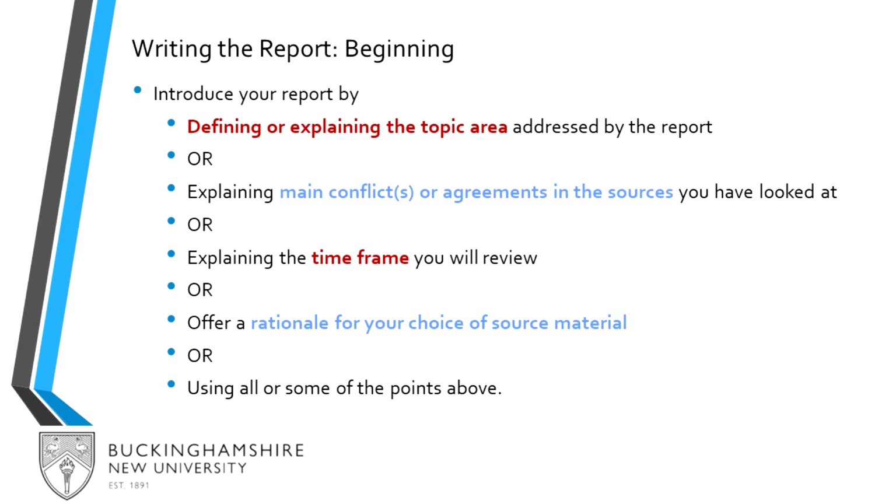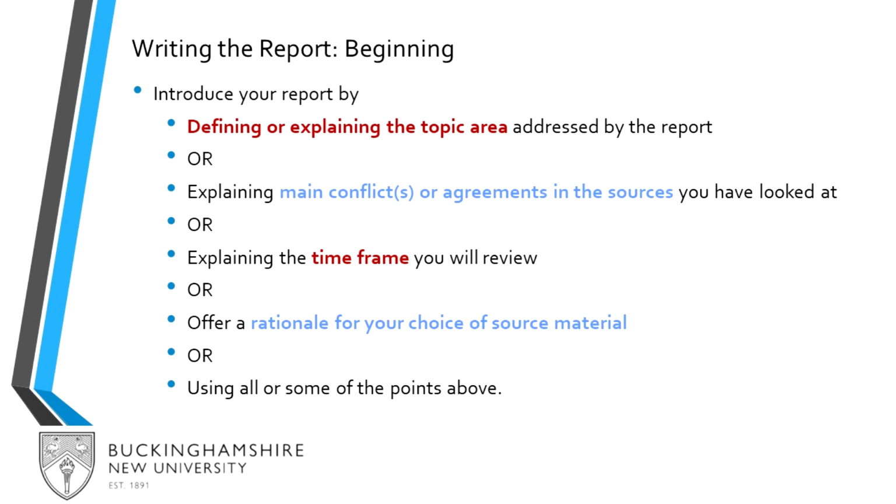Also, the third point, you may also want to start with the time frame that you're going to review. So if you're aiming to review sources between a particular time period, say 1991 and 2009, if that's going to be important to your research topic, your research question, then it's important to detail that up front so the reader knows.